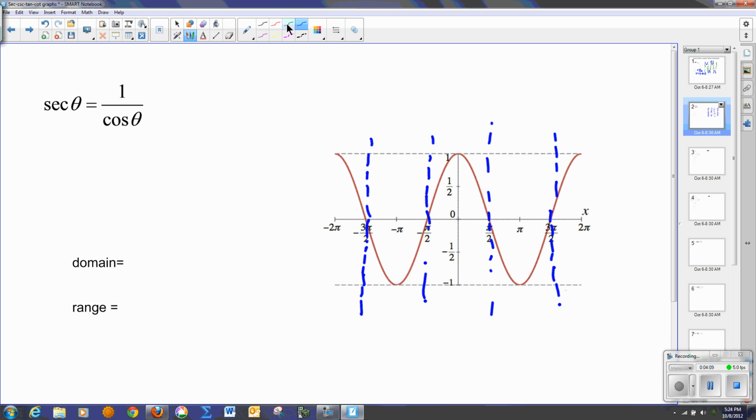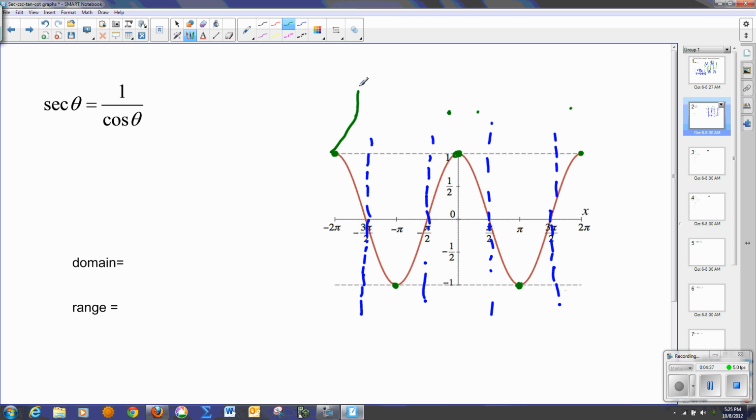I'm going to take now and graph all my reciprocal values of 1 and negative 1, just like I did in the previous example. And then I'm going to take all my reciprocals of 2 and negative 2 for the half values. So here's 2 up here, here's another one, here's another one.